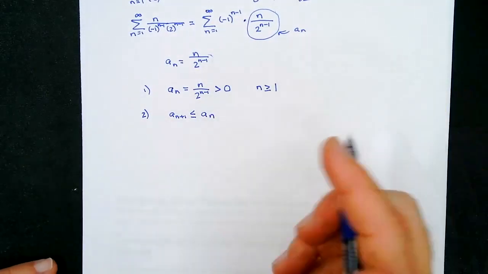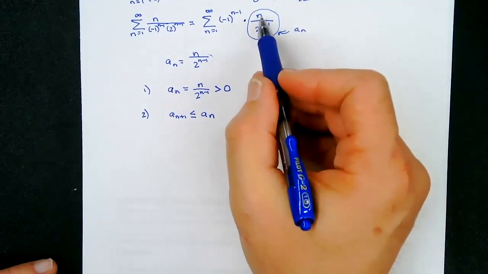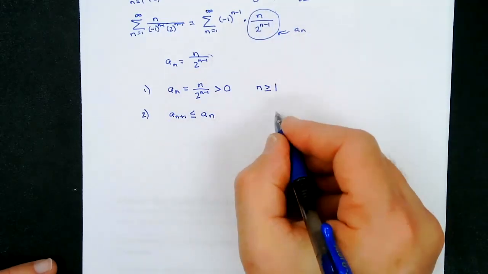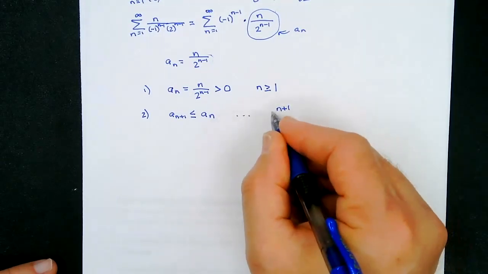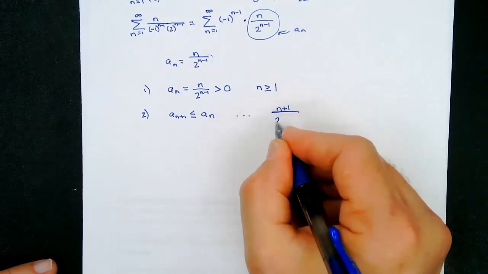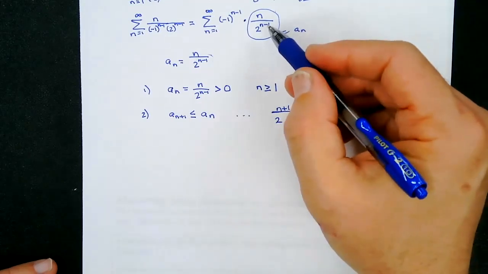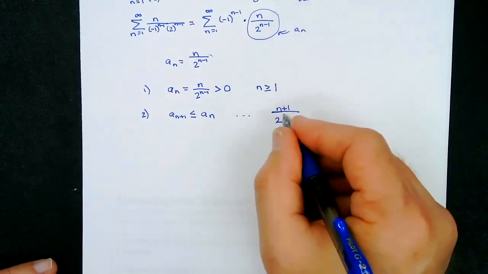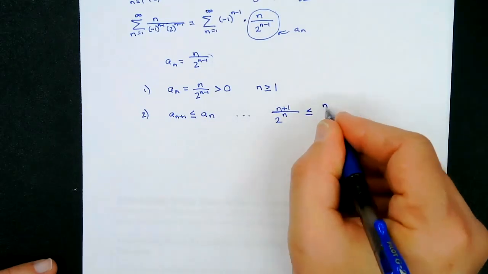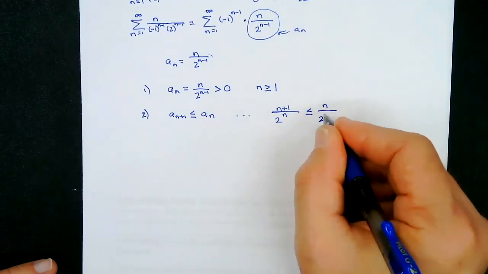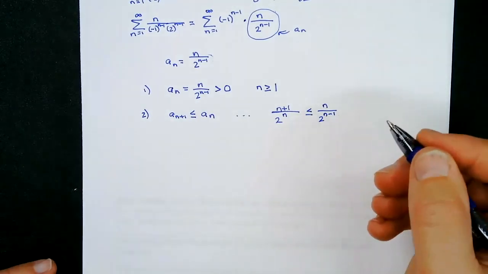Okay, so what is that going to look like? What does a sub n plus 1 look like? It's going to be n plus 1. We're going to have to show that n plus 1 over 2 to the n plus 1 minus 1, which would really be 2 to the nth, is less than or equal to n over 2 to the n minus 1 power.